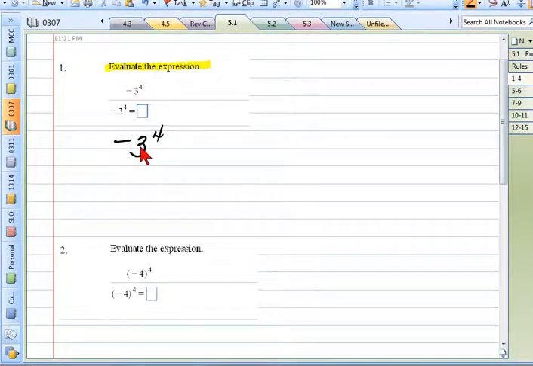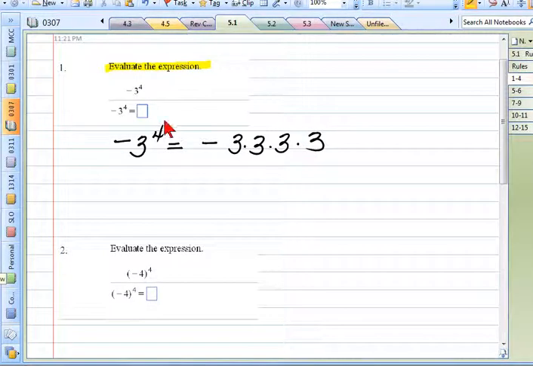The only way negative 3 could be the base is if it's in parentheses. This actually means negative or opposite of 3 times 3 times 3 times 3. The base is only that number right beside the 4. The negative sign says find the opposite of.